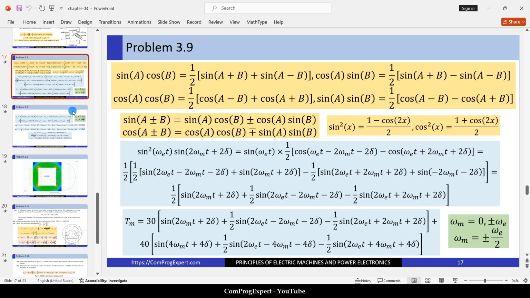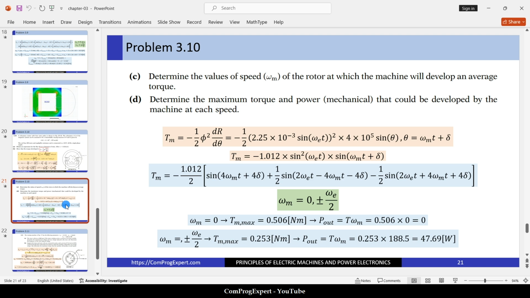We investigated this equation before, so you can do the same calculations. We will have this equation for the magnetic torque with these three terms. We want the values of rotor speed at which the machine will develop an average torque. Here we have three terms.